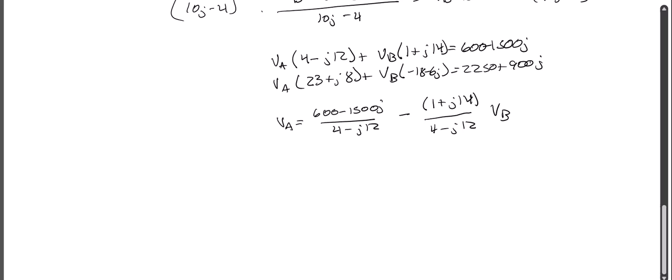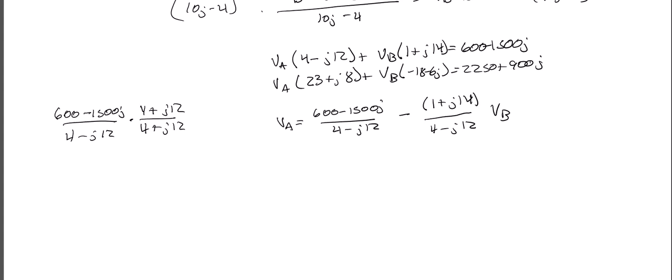Do you know what to do with these numbers? How to turn them into just plain rectangular form? So (600 minus 1500j) over (4 minus j12) times (4 plus j12) over (4 plus j12). And when you do that, that gets the complex number out of the denominator.